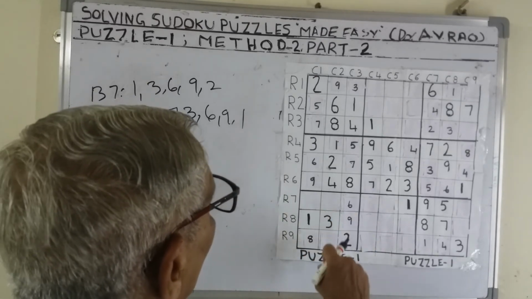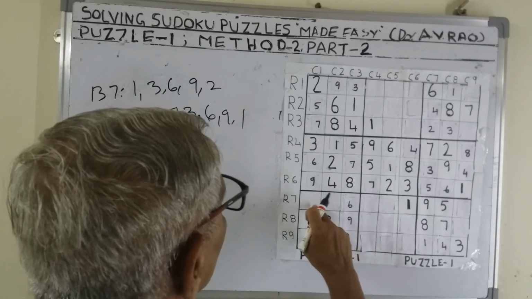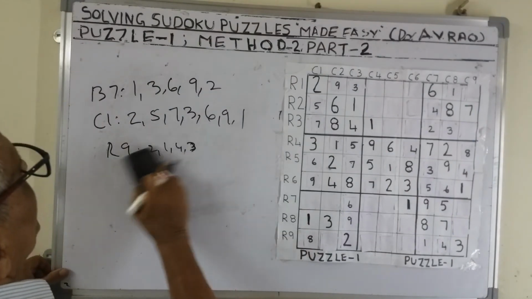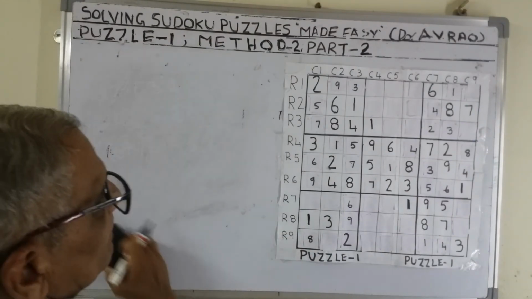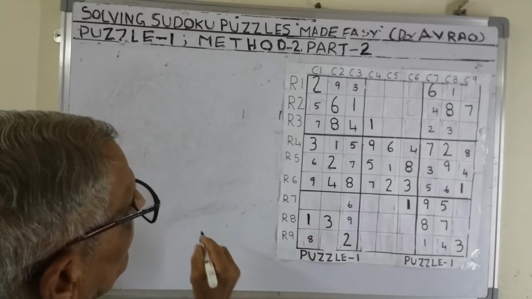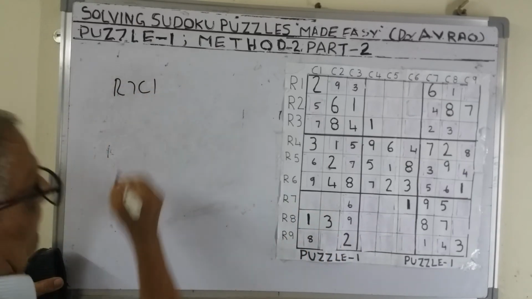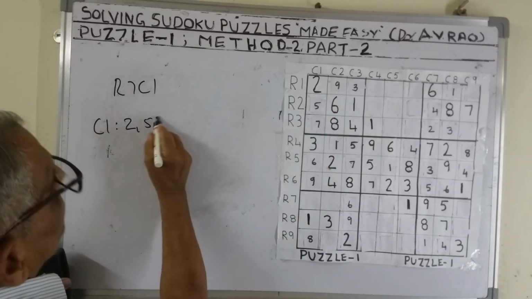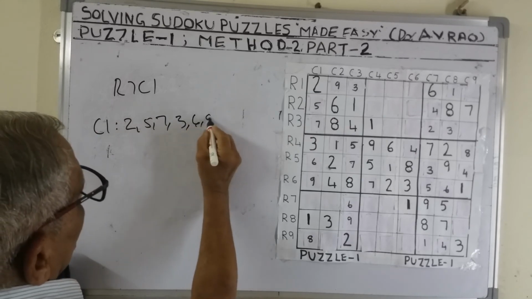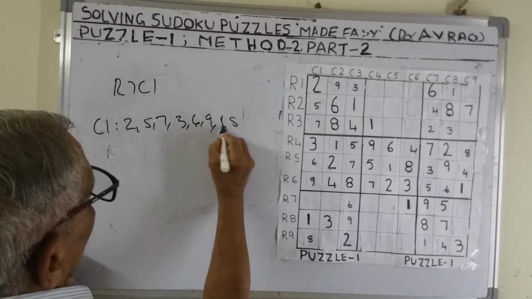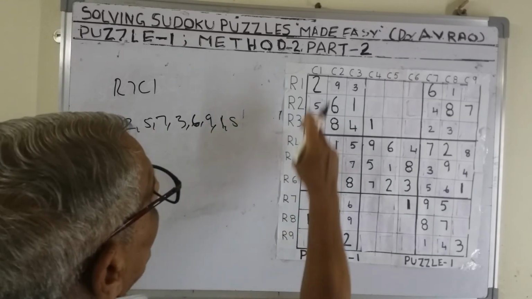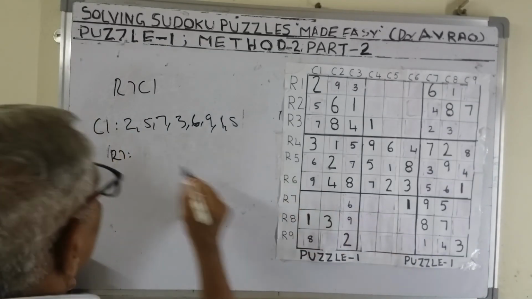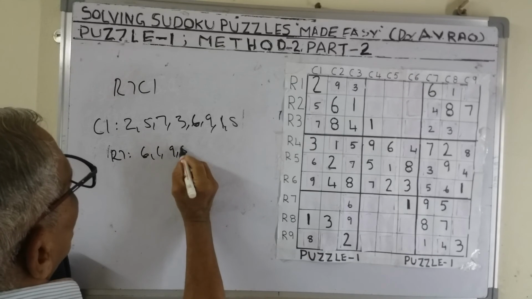So let us fill it up with 8. Friends, let us take up, see, in column C1 only one cell is left over. Let us fill that one. That is R7 C1. Cell R7 C1. So C1 is 2, 5, 7, 3, 6, 9, 1 and 8. R7 is 6, 1, 9 and 5.